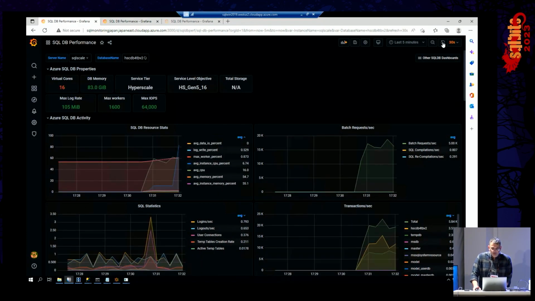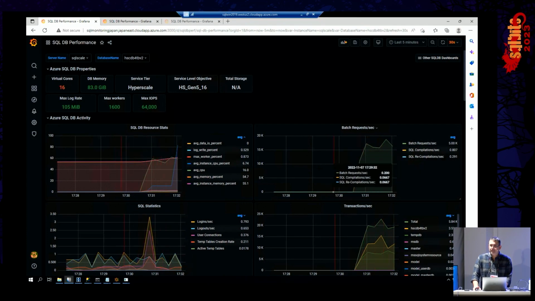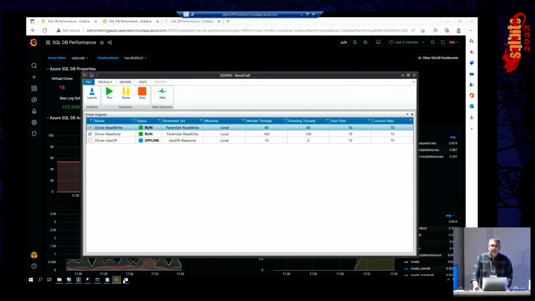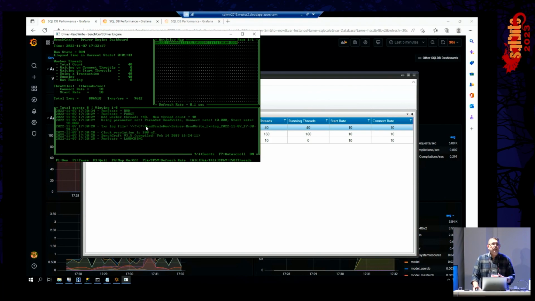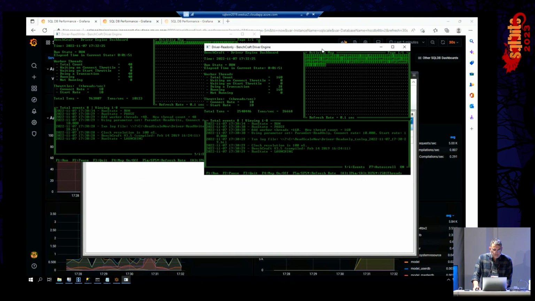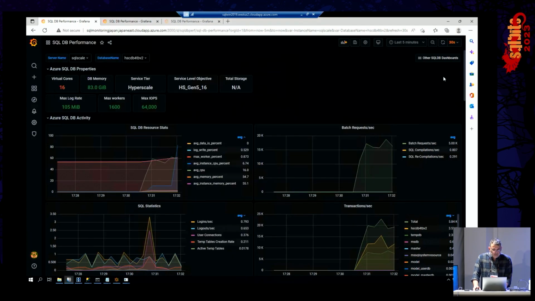And if we flip over to the primary, we've introduced 15,000 batch requests per second of read-write workload in addition to the read workload. So your system is cumulatively getting 45,000 batch requests per second. You can see side by side, both of them are running, and you have workload going to both the primary and the read replica.